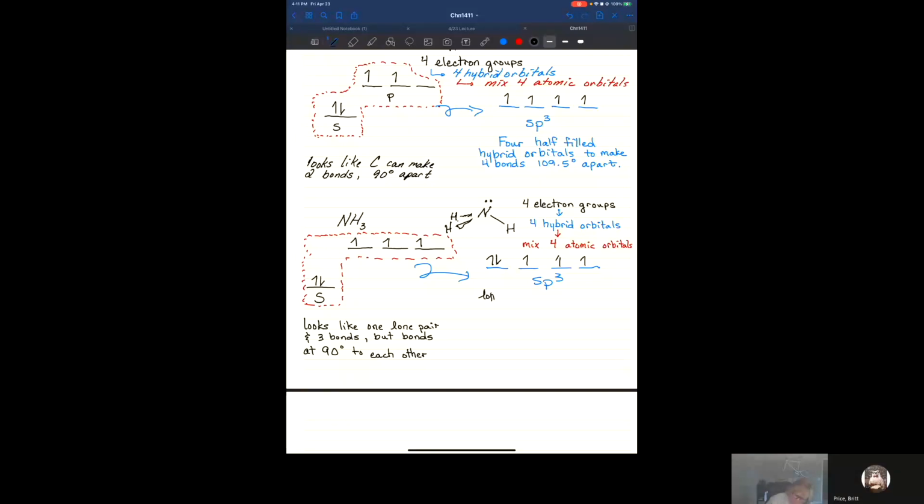This is my lone pair. Here are my 3 bonds. Thing is that all 4 of these are at 109.5 degrees apart.